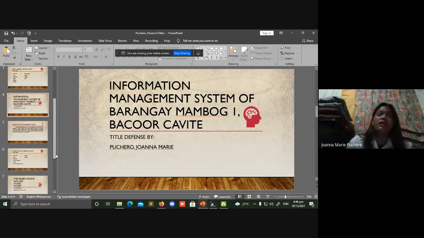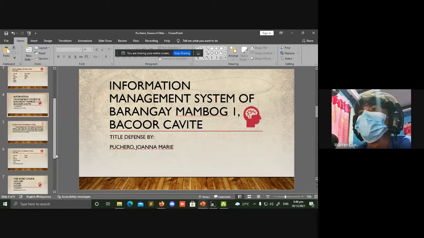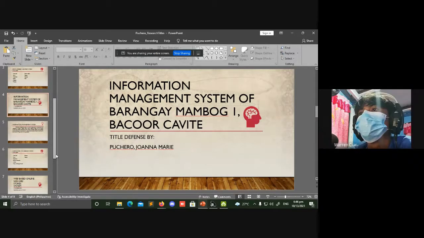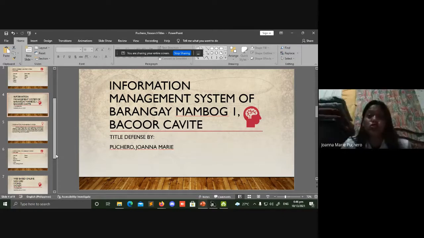Time consuming, redundancy of information, and misinformation on the output of the document that you want to claim. For example, when I got my barangay clearance, the middle initial was not correct. So they had to repeat the process.